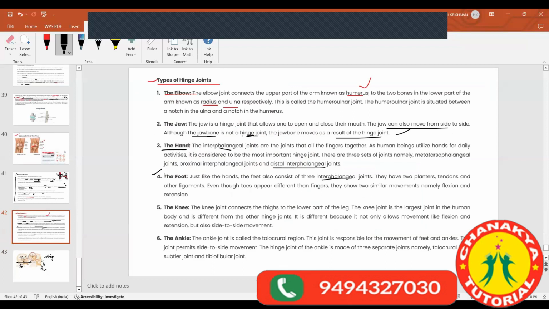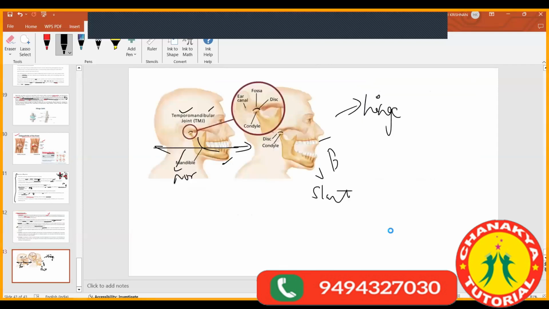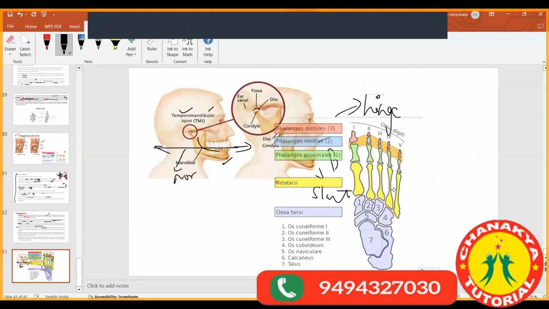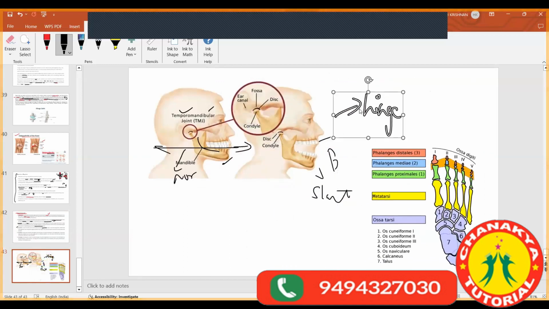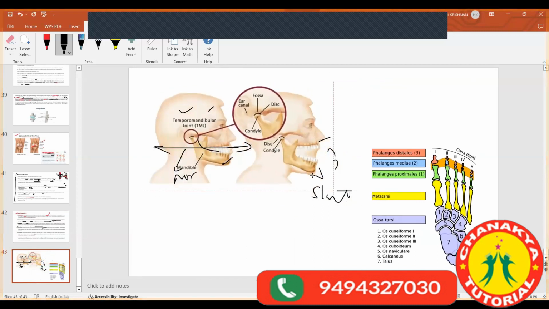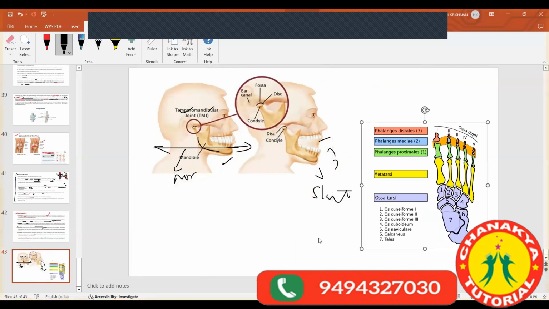Wait a minute, I'll get the picture. Can you see this picture?